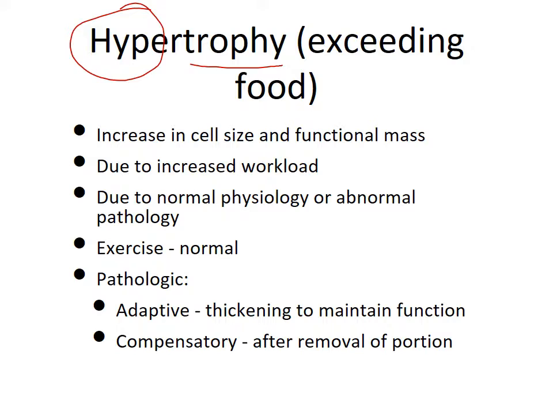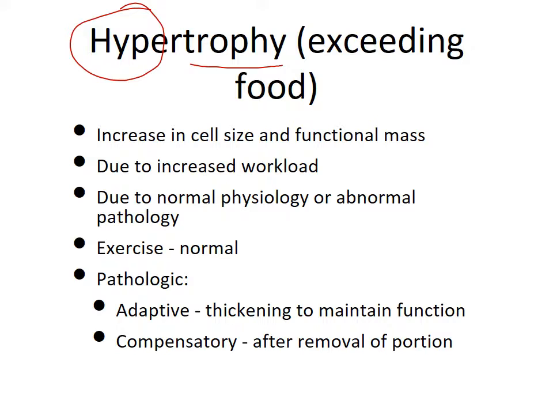So exercise might be an example of where we can use hypertrophy to gain a little bit more muscle mass, right? And that's a good example of hypertrophy. And it's not actually even technically too much of a hypertrophy. It doesn't necessarily exceed. However, we're interested in the pathologic versions.